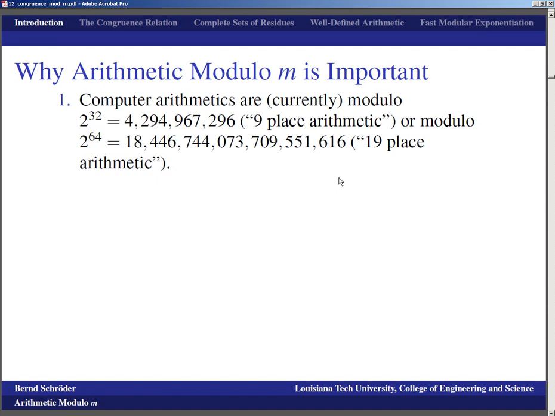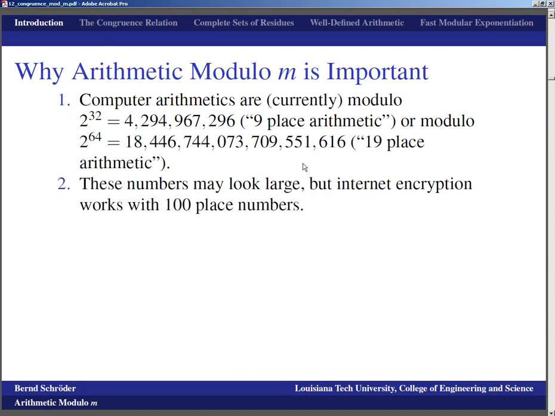And all computer arithmetics have the same problem, and that is because they have a limited number of digits, at some point in time this wrapping around that we have seen on the previous panel, this problem that ultimately a carryover is getting lost, that happens in any of these limited place arithmetics.